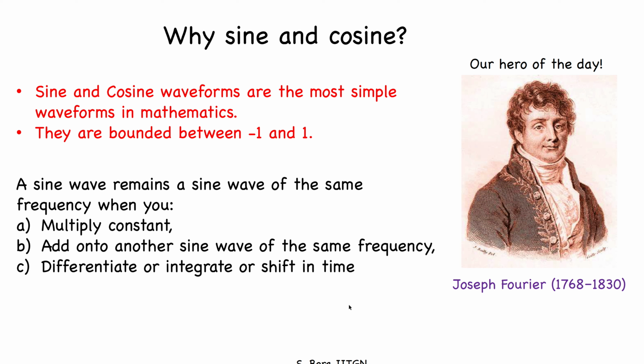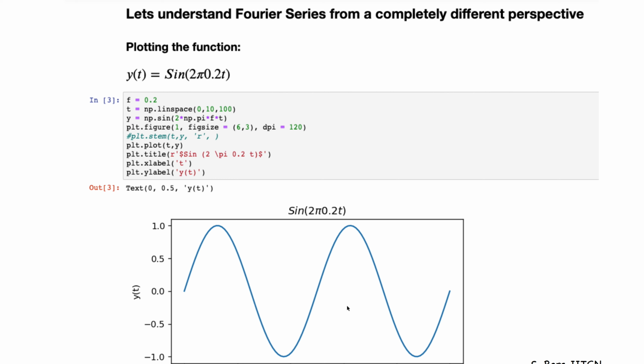Actually, the Fourier series was first used by Joseph Fourier in the study of heat wave propagation, or propagation of heat in the earth. Now we will see what I was saying through some tutorials, some examples plotted here of sine waves.